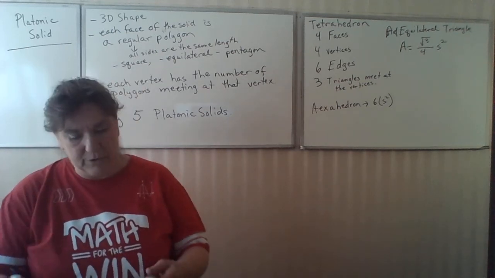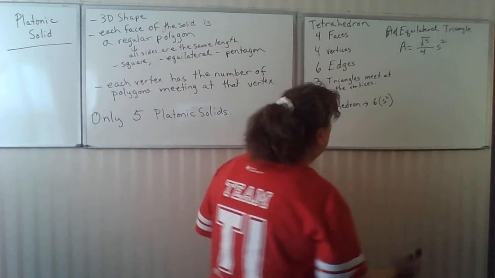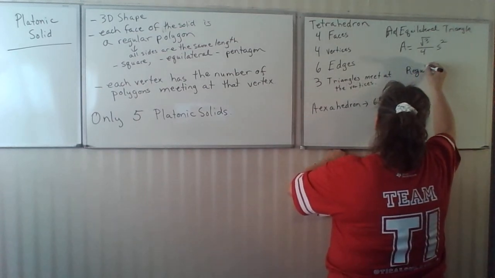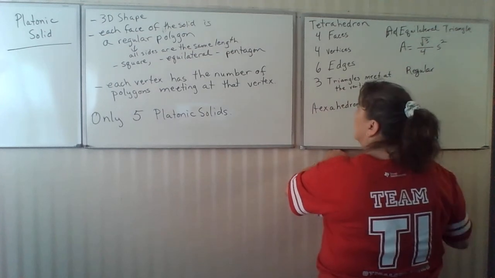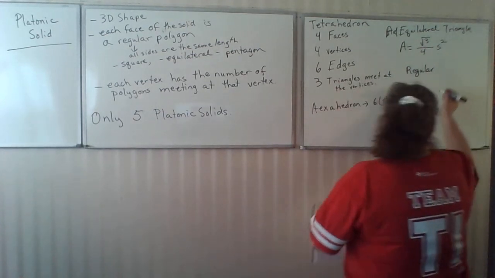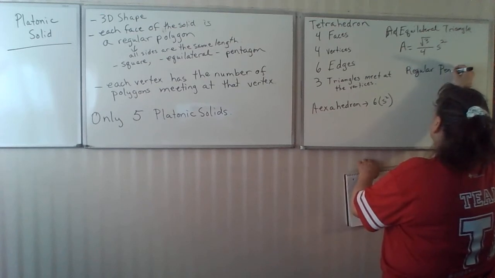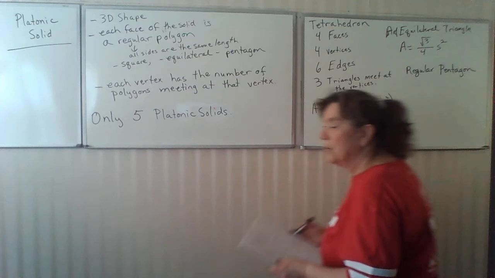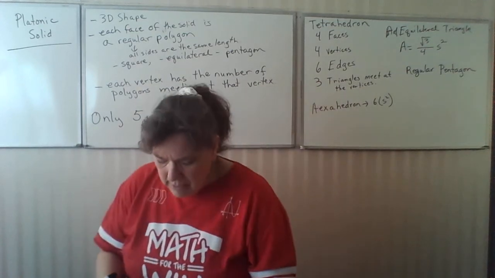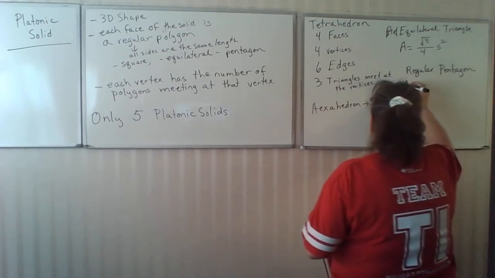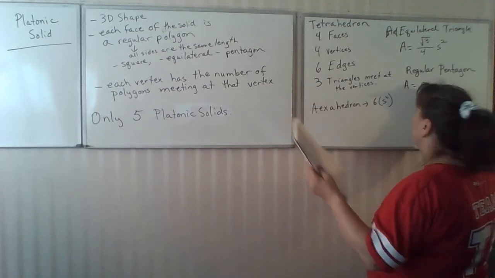The other one is the regular pentagon, because one of the shapes is based on a pentagon. So how do you find the area of a regular pentagon? Well, here it is. Because you guys don't know about tangent, I changed it.